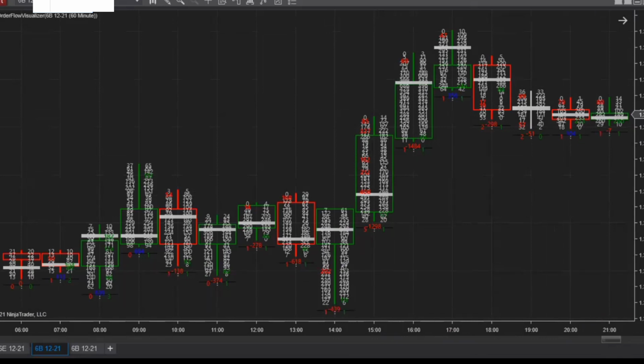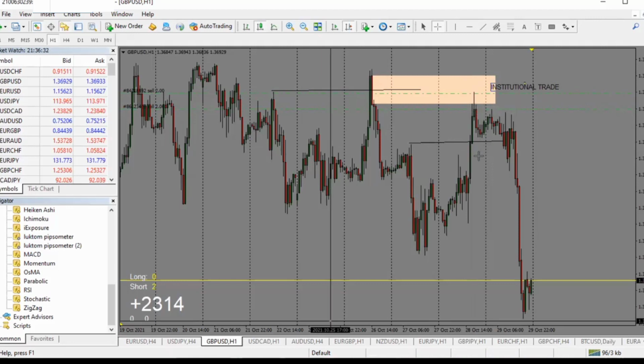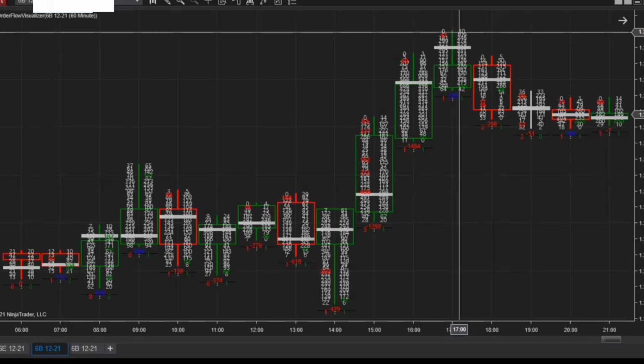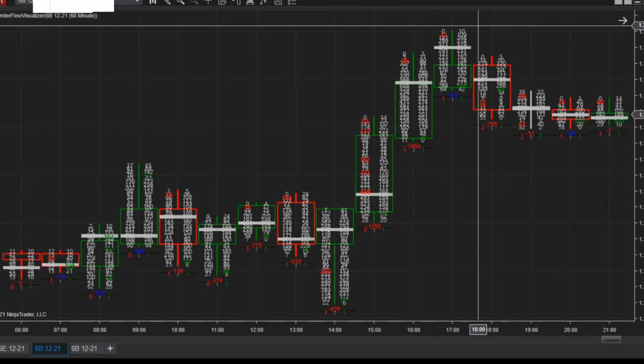You can see 1.38145. Yeah. So let's go back to NinjaTrader, and we have the same high at 1.3815 or maybe 1.38145, which is enough. There's going to be a spread difference.